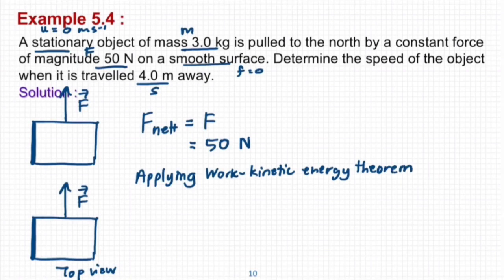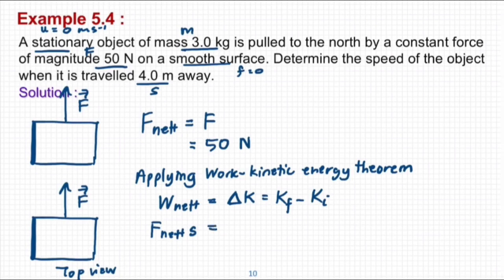So applying the work kinetic energy theorem, in which W net is equal to delta K, and delta K is Kf minus Ki, and then we have to find the net work, so we can use the formula that we have learned previously, which is W net is equal to F net S, and then Kf is equal to half mv squared, and Ki is equal to half mu squared.